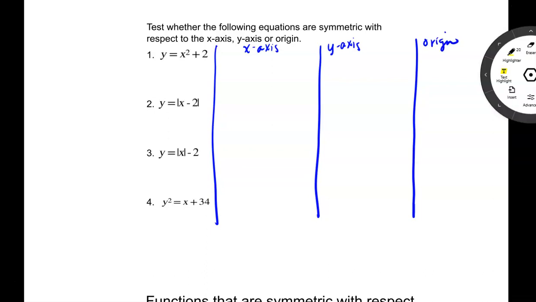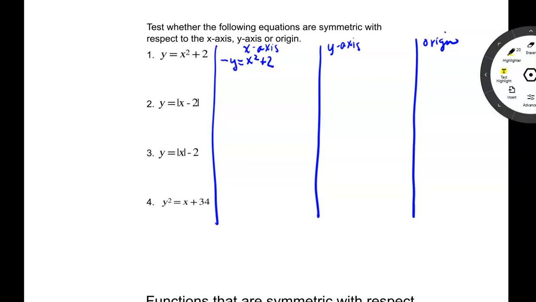So going back to that prior page, to test for the x-axis, it says, and we're going to do exactly what it says, replace the y with negative y. So I'm going to rewrite this equation, but I'm going to write it with a negative y instead of positive y. And then it says, if you can make that an equivalent equation.